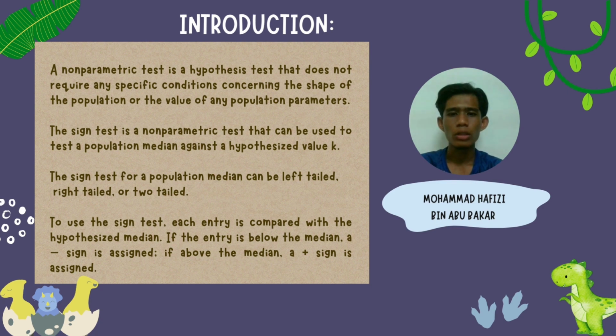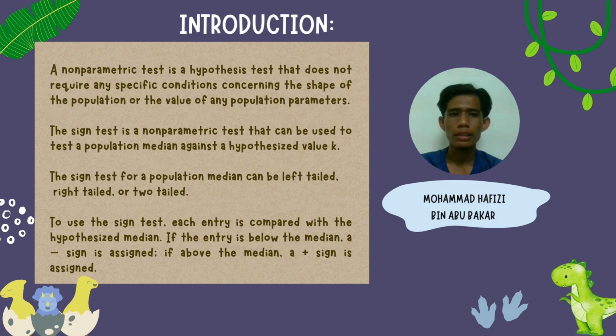The sign test for a population median can be left-tailed, right-tailed, or two-tailed. For the left-tailed test, the null hypothesis is median is greater or equal to k, and the alternate hypothesis is median is less than k.